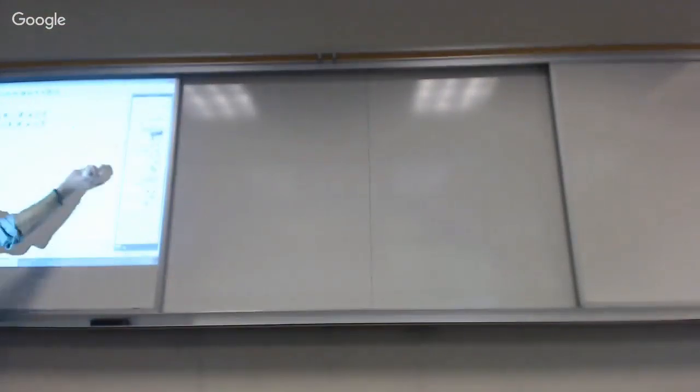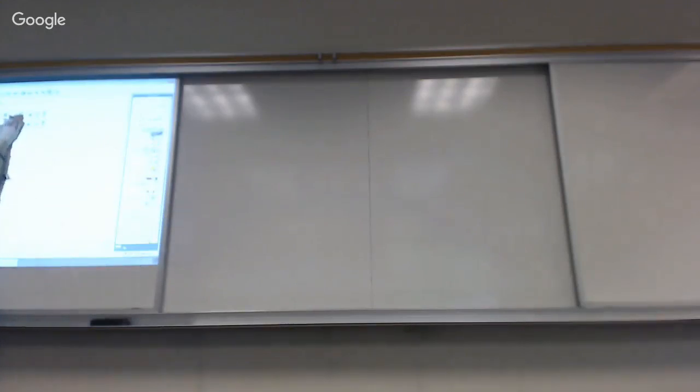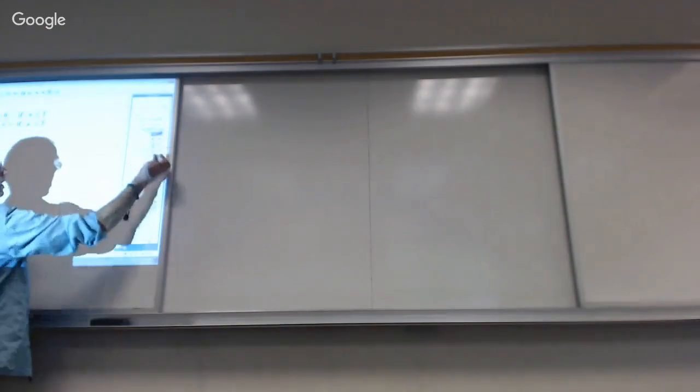So f of x is a function which is continuous everywhere. So we have to find a value for b that makes that happen. I want to emphasize, I don't know that number yet. I need to figure out what it's going to be so these two sides meet. So I have to figure out what the other side is doing.